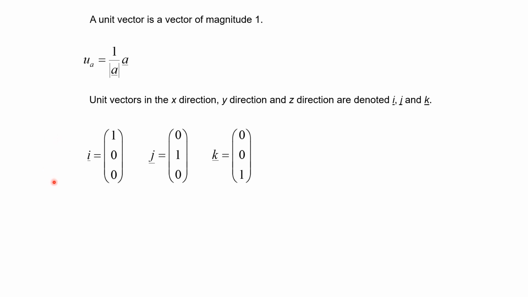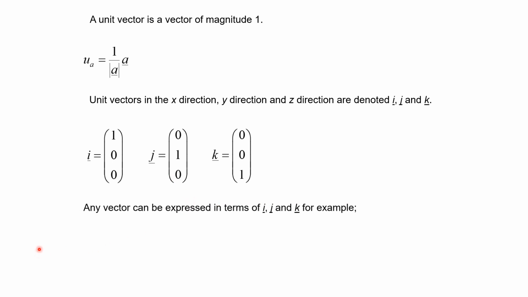And for j, j is related to y, so y is the one that has a value of 1 because it's a unit vector. Same goes with k, because k is associated with z, it gives you components 0, 0, 1. So this is how you write out unit vectors in the direction of x, y, and z.